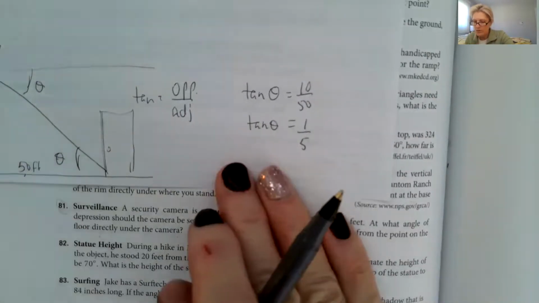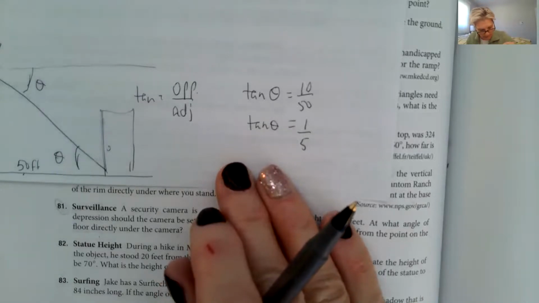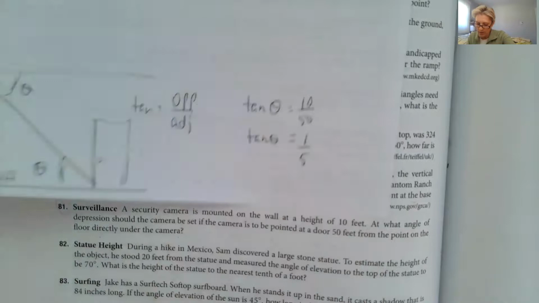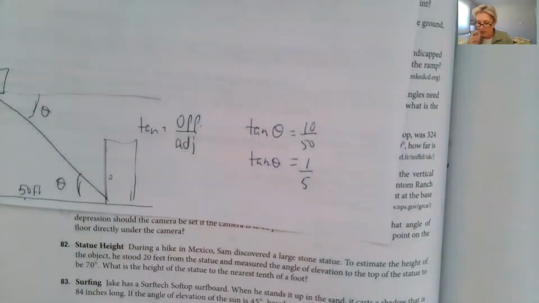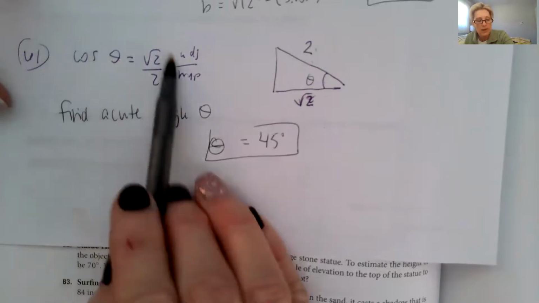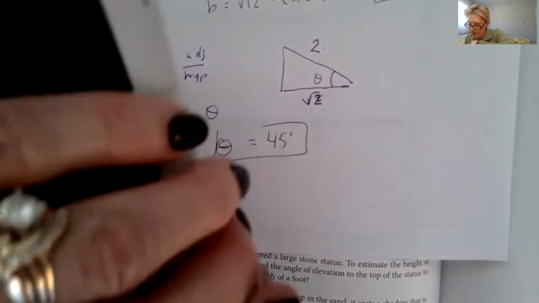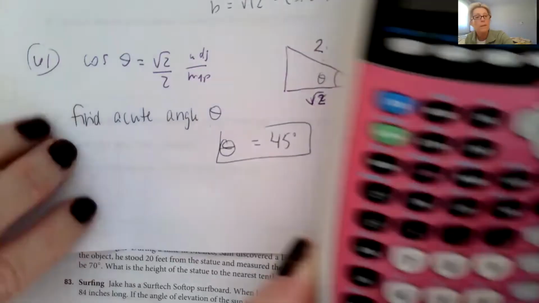So we're going to use the inverse tangent. I don't recall them using this in the lesson, but we could have used it with number 61 here as well. Because when you don't know the angle, but you know the ratio, you can use the inverse. So I'm going to go back to 61 for just a minute if you can get out your 61.